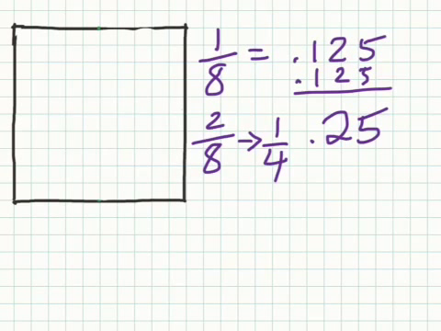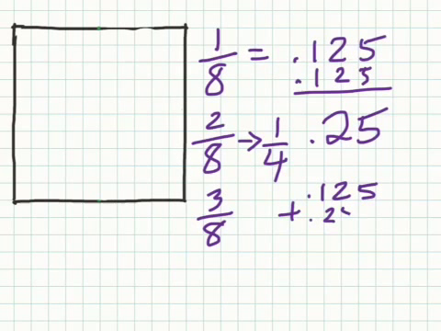Okay, 3/8. Not so friendly. You could add 0.125 plus 0.125 plus another 0.125 and get your answer. Or could you work with what you already know? Maybe do 0.125 plus 0.25. Remember, we line up with place value here. Let's get an extra 0 in there to hold that place.